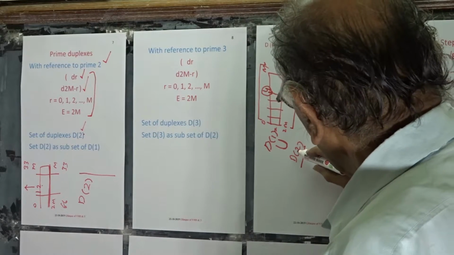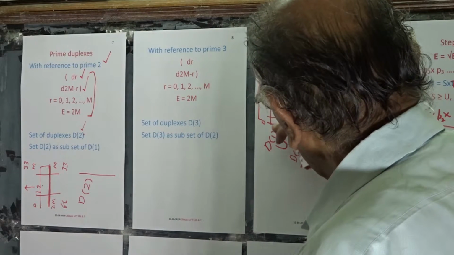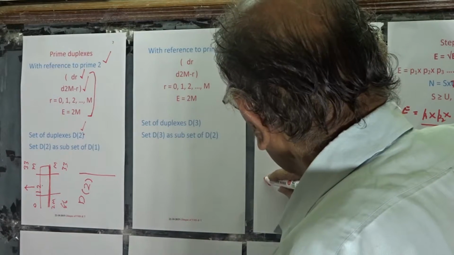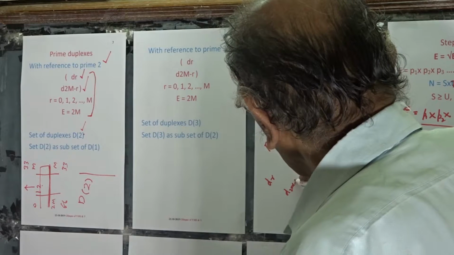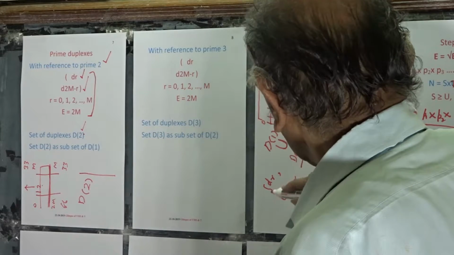So the member of D2 is a duplex of D1, element of D1, such that dr or d2m minus r is not having 2 as a factor.